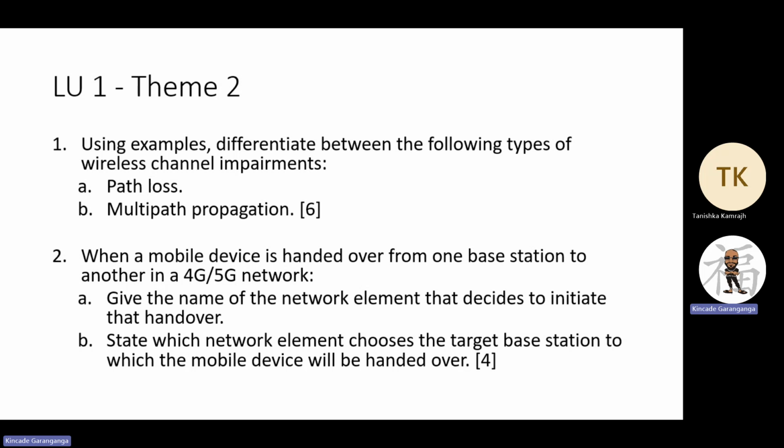So what you now need to understand is, when you're dealing with path loss or multipath propagation, both of these are essential channel impairments that can degrade signal quality.